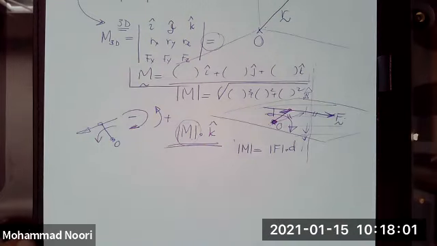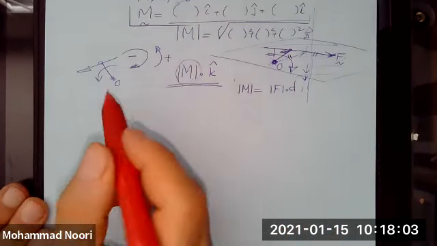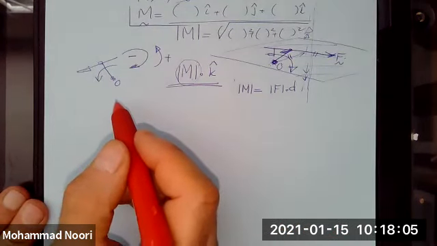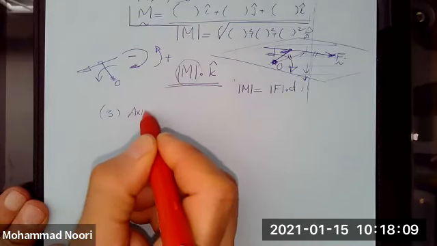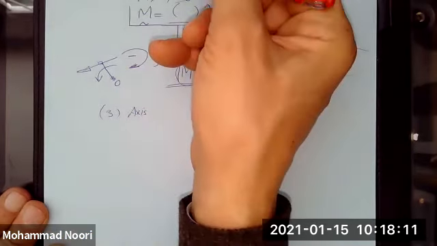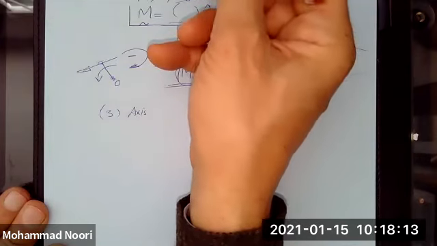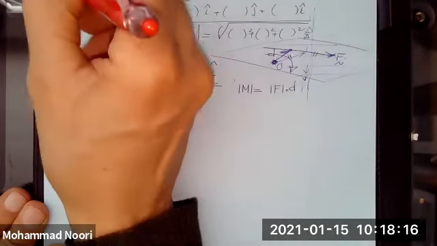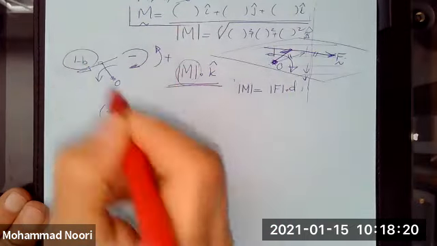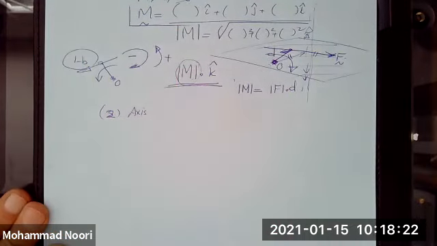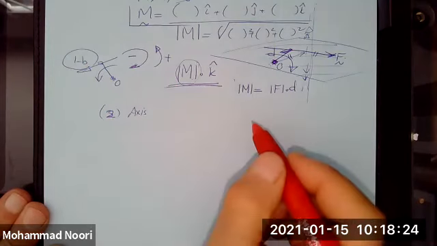The third topic we covered was moment about an axis, or actually, I should have said, this was actually 1A, and this was 1B. So this is the second topic, about an axis, which is this.